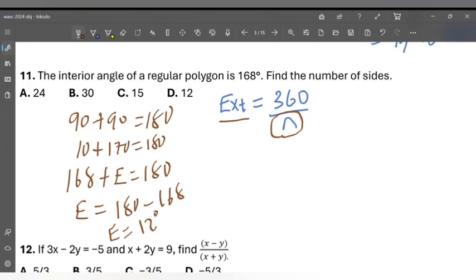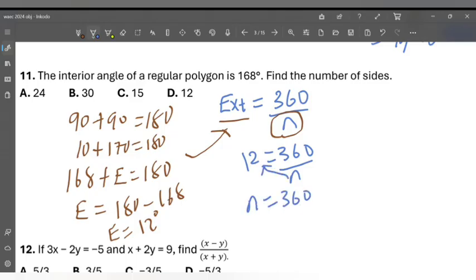So now I've gotten my exterior angle. I can simply put it into this formula. So exterior angle 12 is equal to 360 over the number of sides, which I'm looking for. If I exchange these two places, n will be equal to 360 over 12, and 360 divided by 12 is equal to 30. So this polygon has 30 sides.